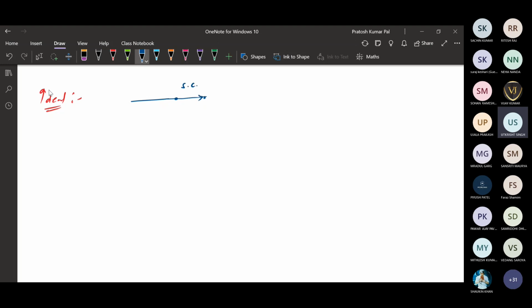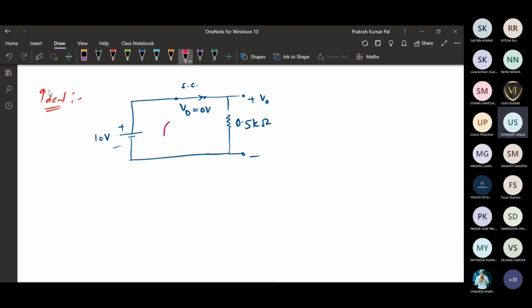The diode being forward bias means there will be a 0 voltage drop across it. So the voltage drop across the diode will be 0 volt. This is 10 volt, and whatever current flows, this will be the ID.